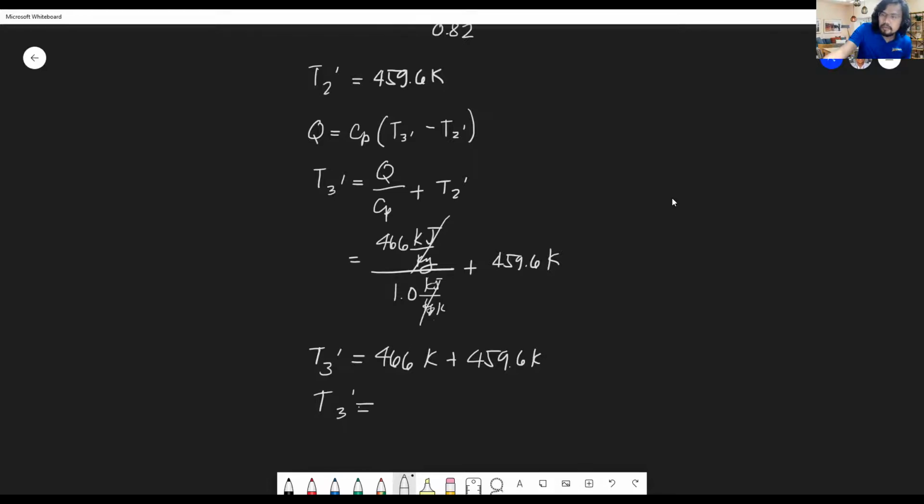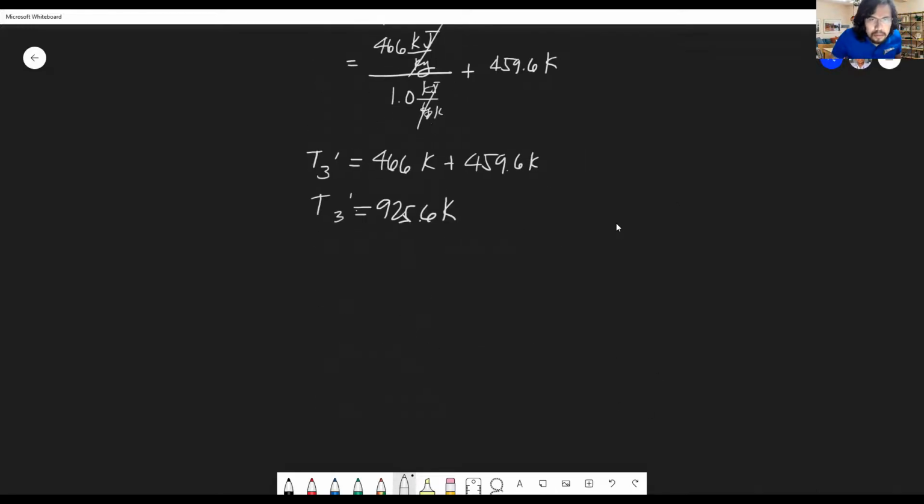Okay, let's try to solve 466 plus 459.6, okay, 925.6 Kelvin, and we are now nearing the solution for the fourth point in the problem.